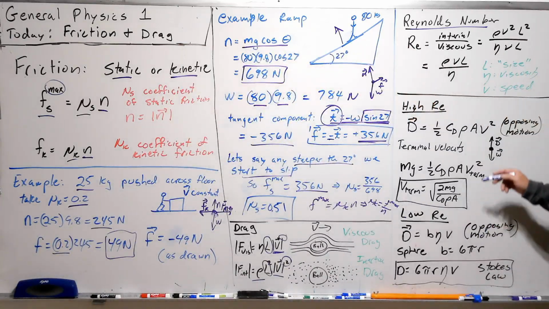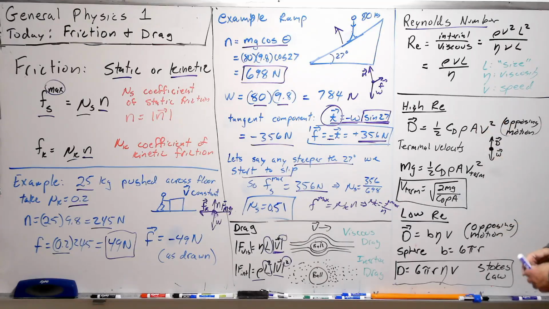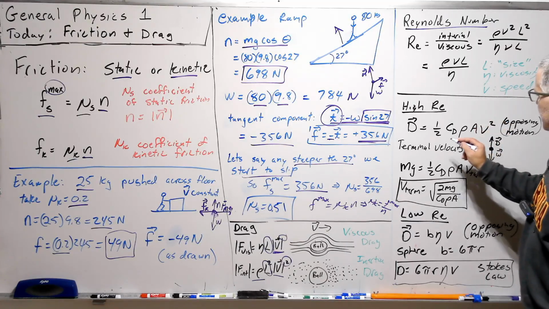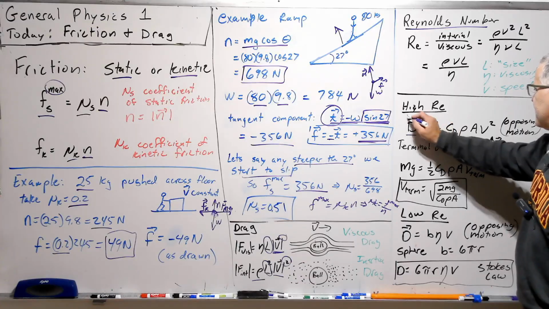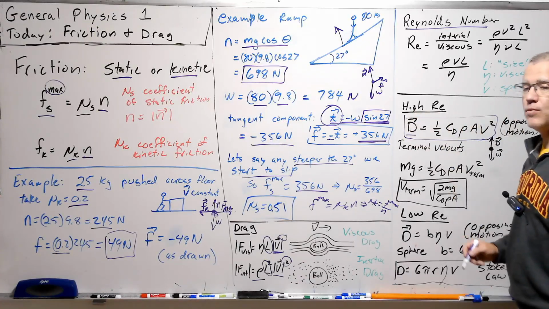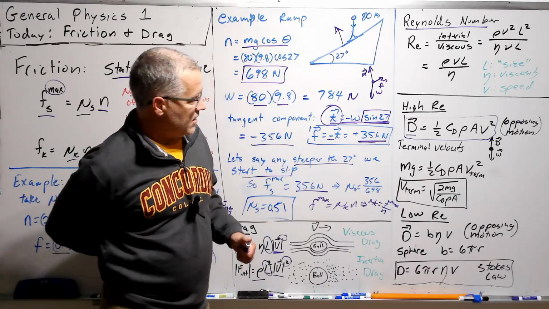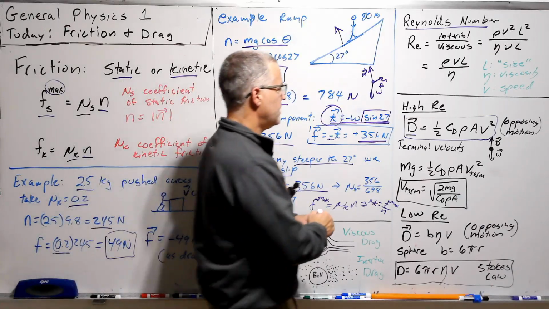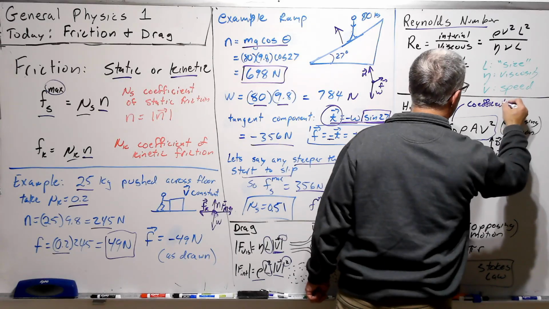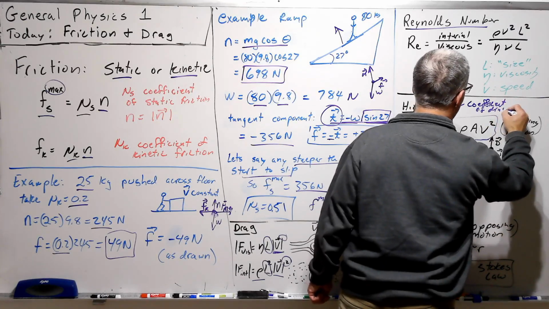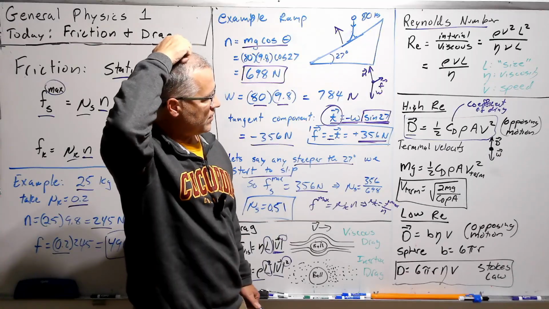Okay, so in the high Reynolds number limit, that means the inertial is dominating. The drag is not the Reynolds number, but the drag has this form when we're at high Reynolds number. This is called the coefficient of drag, and that's going to roll together things like the nature of the fluid that you're moving through.